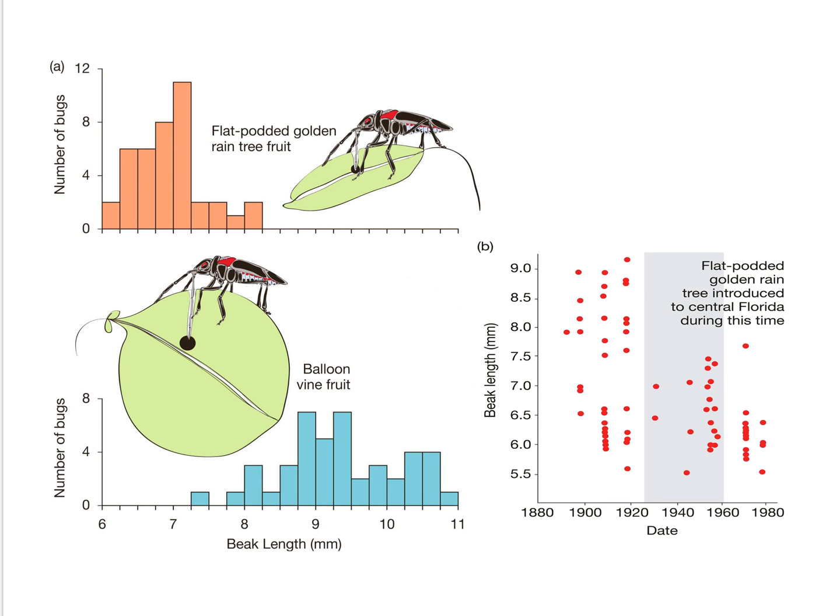It's a soapberry bug. These live here in Los Angeles, but they also live in Florida. They feed on the seeds inside the fruits of this flat-podded golden rain tree. And so, actually, this is their natural host.